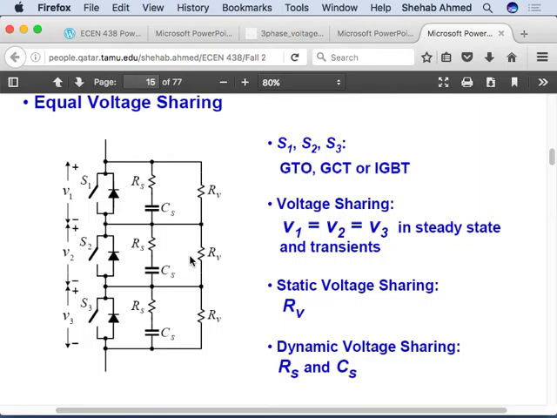By designing this circuit in a certain way, you can control the voltage across the capacitor such that all the devices see the same voltage when they are turning on and turning off. It's like a stiff voltage across the switch, right? Capacitors create a stiff voltage. So here it's like having 3 capacitors each across the switch, and you control the value of the voltage across the capacitor using proper selection of RS and RV.